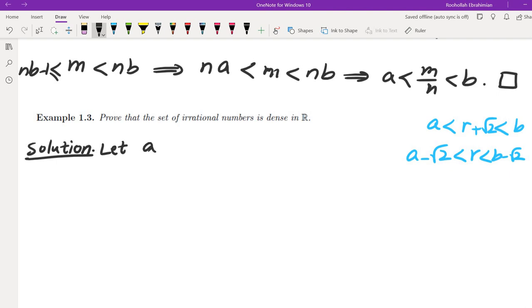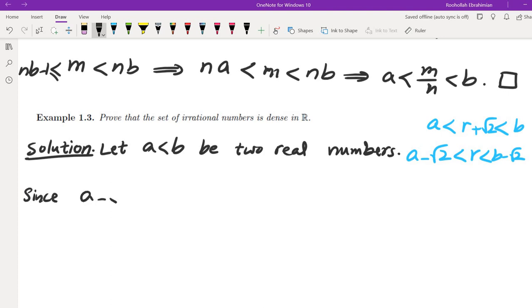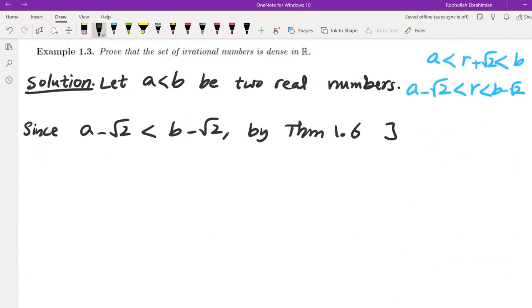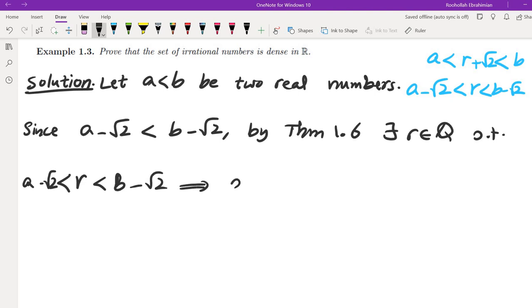So let a less than b be two real numbers. Since a minus root 2 is less than b minus root 2, by the previous theorem, theorem 1.6, there is a rational number r such that r is between a minus root 2 and b minus root 2, which means a is less than r plus root 2, and that's less than b.